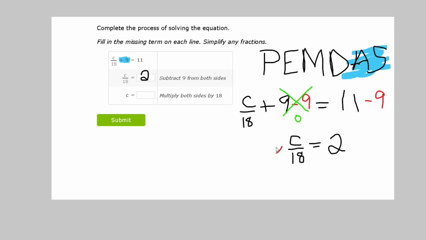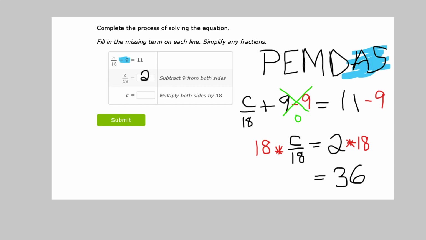The opposite of division is multiplication. So we multiply both sides by 18. And this will give us 2 times 18 is 36.